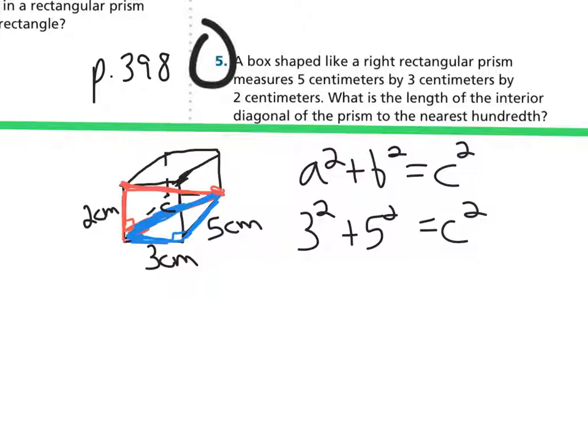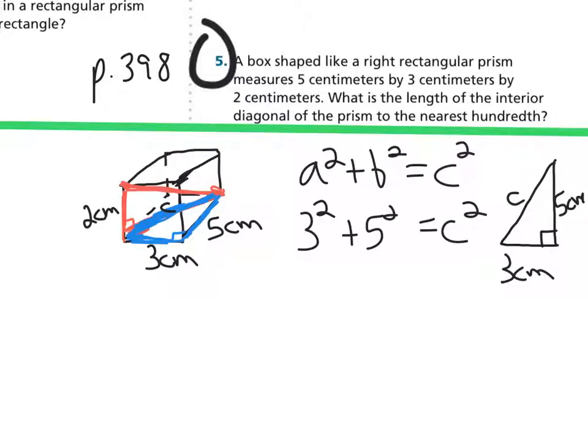To make this easier to see, this is the triangle we're looking at. This is on the bottom face, the bottom part of our rectangular prism. This is what we're doing right now: we're trying to find the diagonal across the bottom of our rectangular prism.